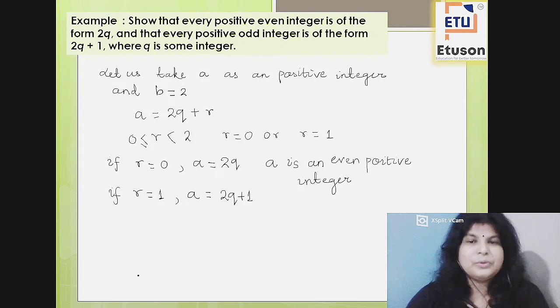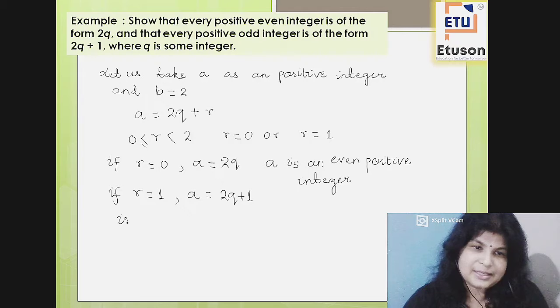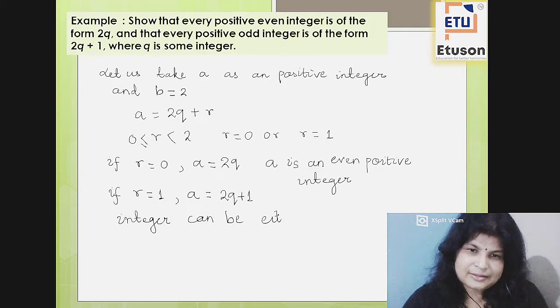As we know, an integer can be either an even integer or an odd integer.